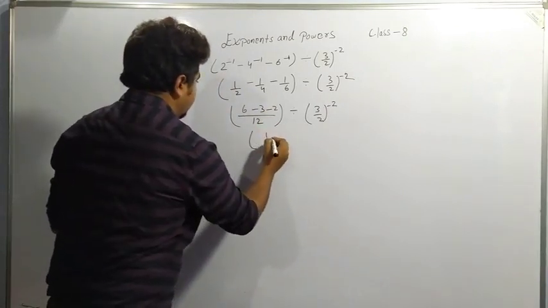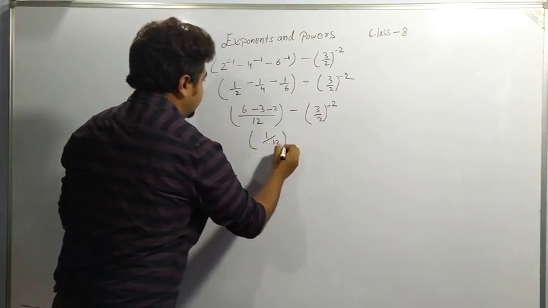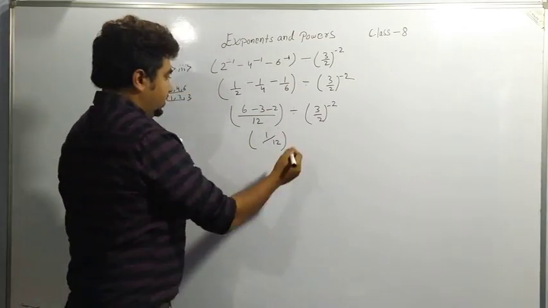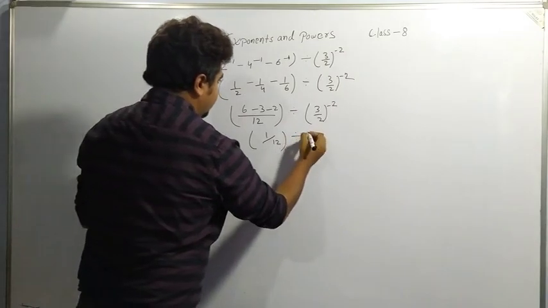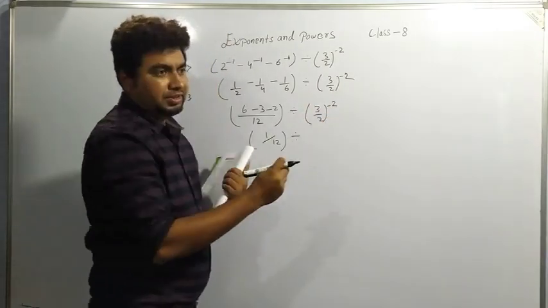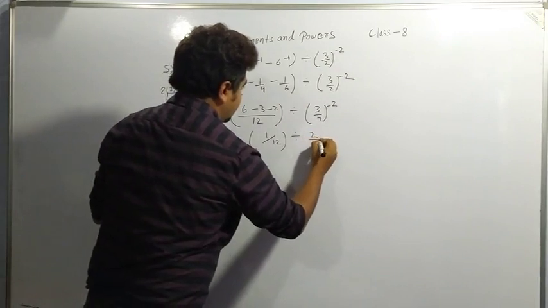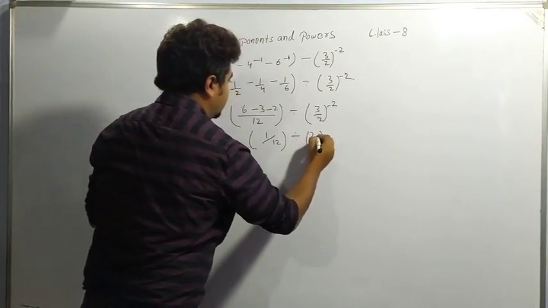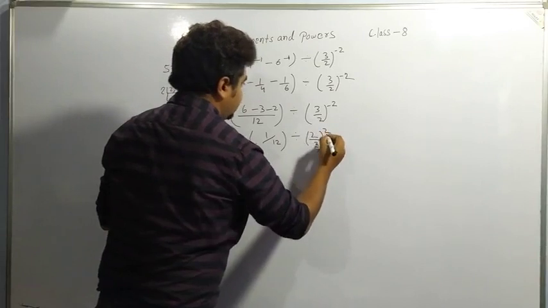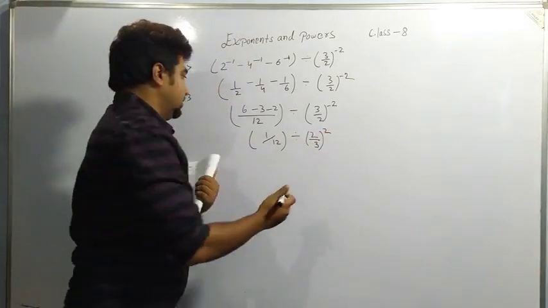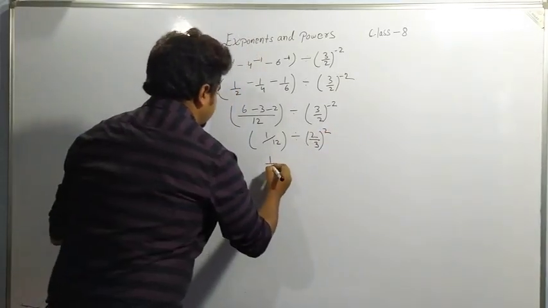This is 1 by 12 divided by, this is 3 square. If we reverse the numbers, it will become 2 by 3 to power square. Plus sign will be coming. Now again 1 by 12.